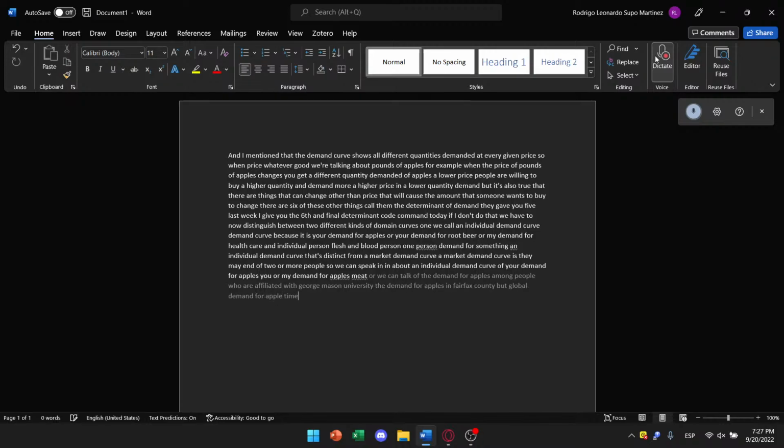Anytime we're talking about more than one person's demand for something, we call that market demand as opposed to individual demand. And the demand curve that reflects that demand from more than one person, that's a market demand curve.